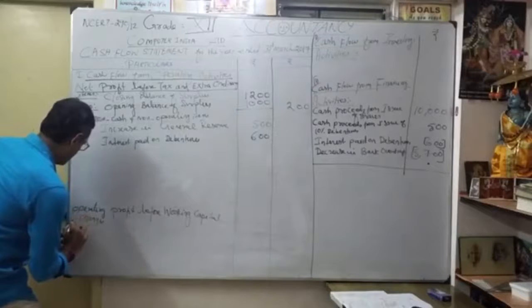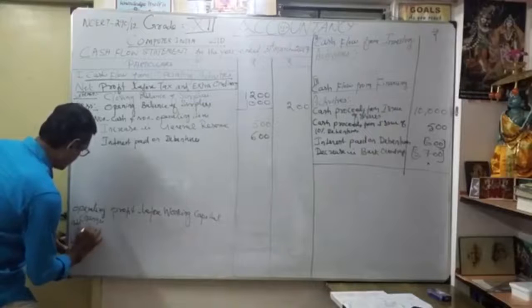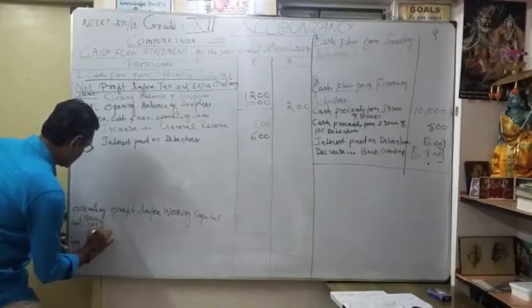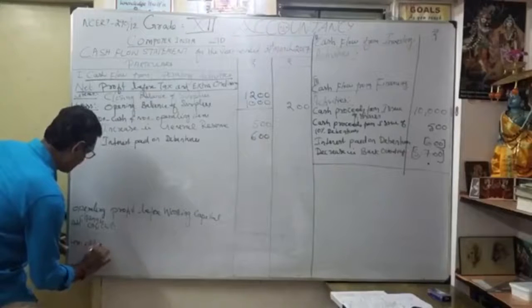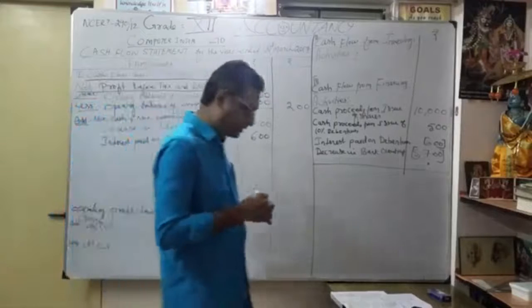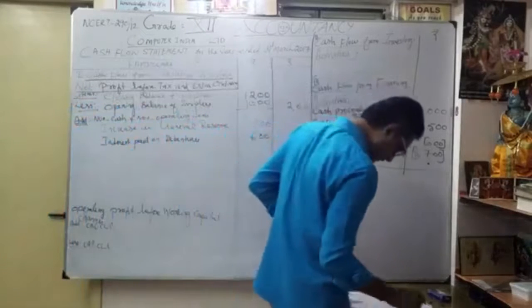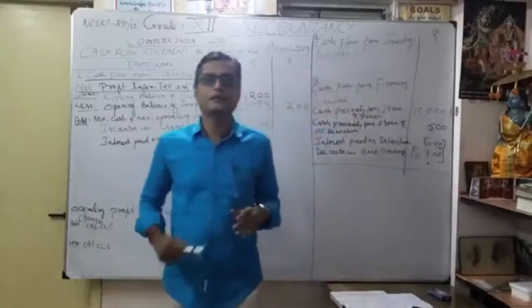So under that, you know what should be added and what should be deducted. Current asset decreased, current liabilities increased. Similarly, current asset increased, current liability decreased. So here, current liability increased or decreased? What is the current liability? The current liability is our trade payable. 12,000 become 11,000.